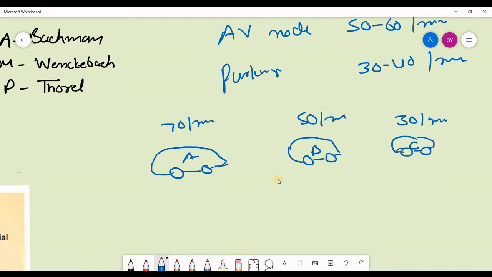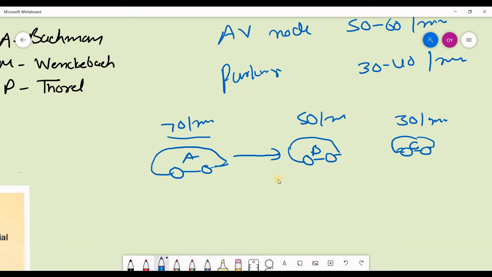Because car A has very high speed, it will go from here to here fast, and before car B starts moving on its own speed, it will come here and start dragging car B at the speed of car A, that is 70 per minute.